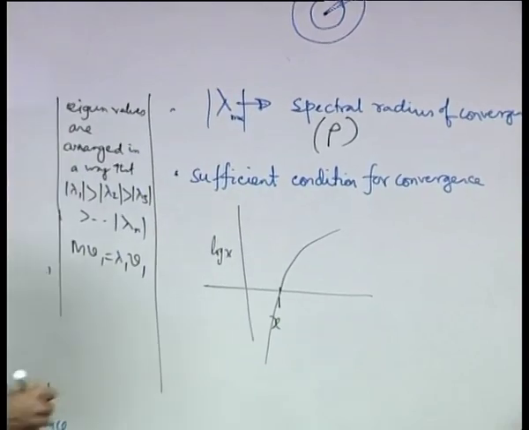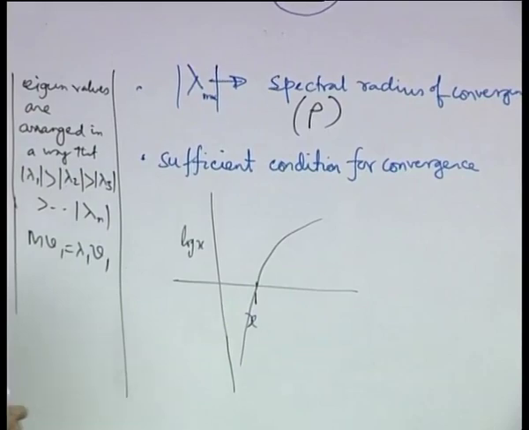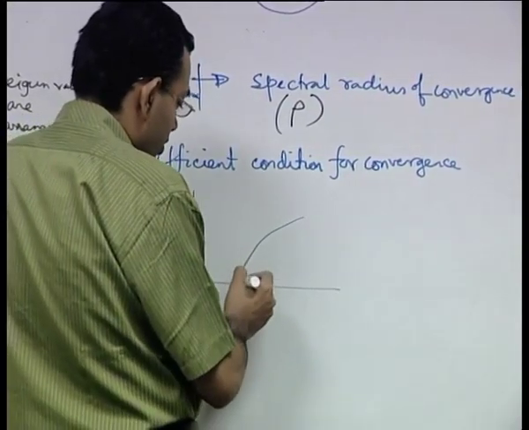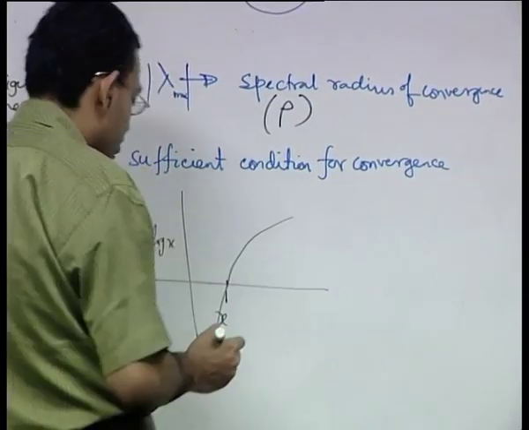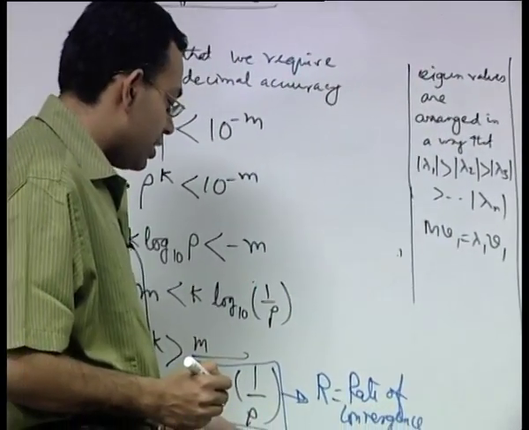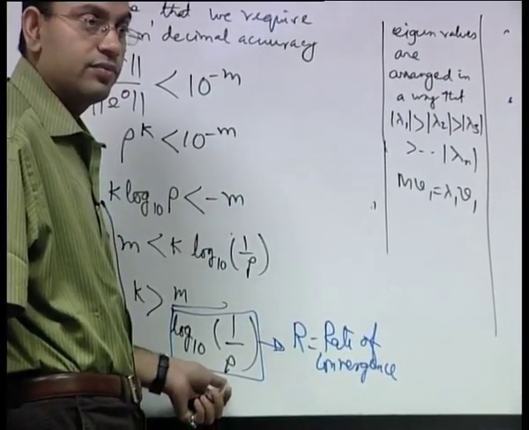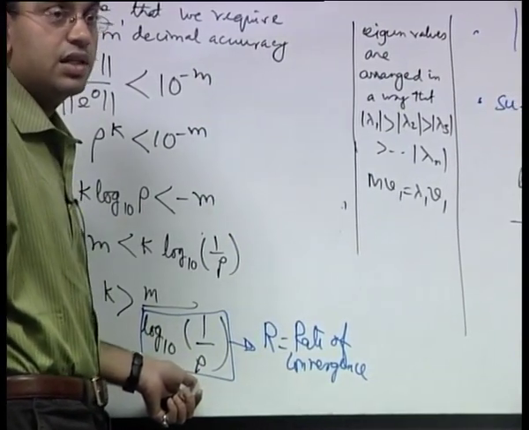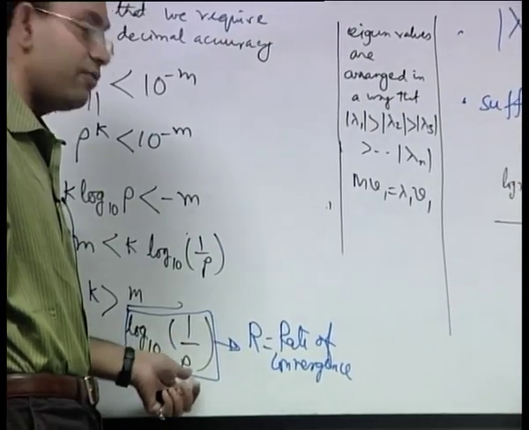Now, that means if x is 1 by rho, as you have smaller and smaller values of rho, remember that we have the maximum value of rho as 1 to achieve the sufficient condition for convergence. So, that means it is a positive fraction.